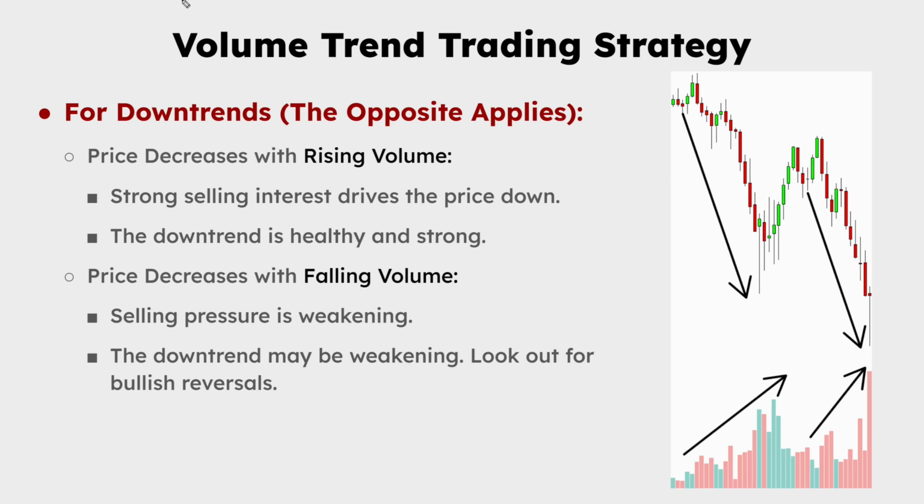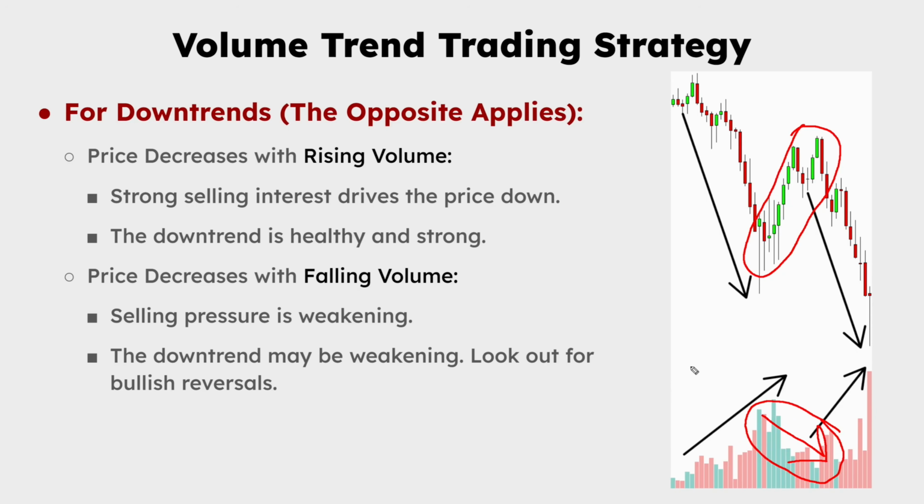And one more thing I want to point out, I want you to look at the image to the right. In this trend you can see that we had a pretty sharp pullback in the opposite direction of the trend. But the volume actually gave us a hint. You can see that when the price was rising, we actually saw the volume decreasing.